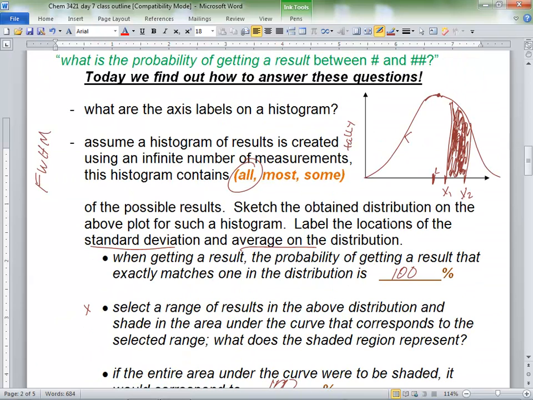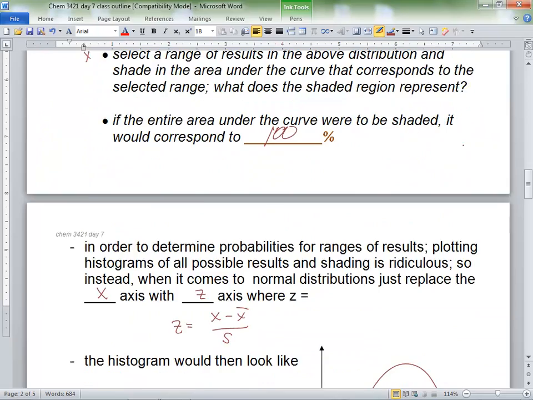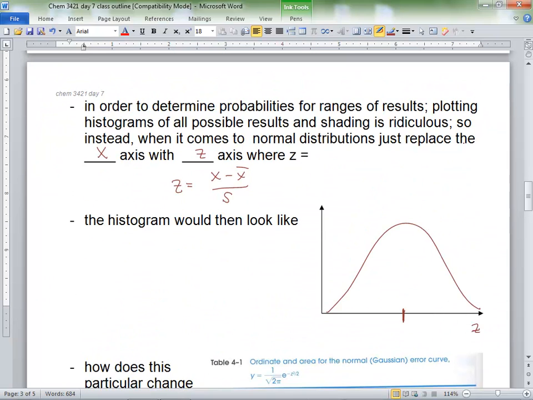At that center, x was the average. So if you put x bar into this equation for x, what do you get? X bar minus x bar all over s, which is 0. This is z equals 0, right in the middle.